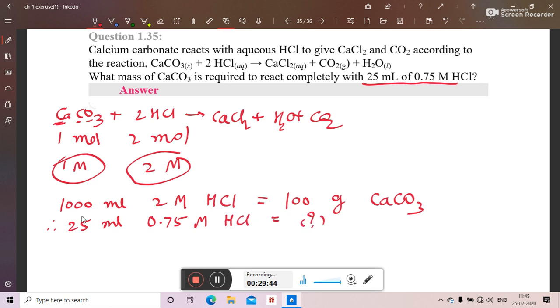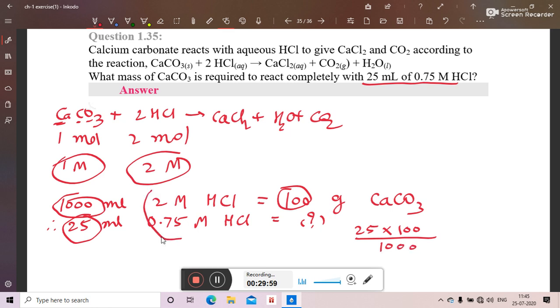What we have to do is, whatever values are at the extreme ends, we take their cross multiplication. So 25 into 100 upon 1000. And those values which are at the center, that is 2 and 0.75, you have to take as a reciprocal. So into 0.75 will be in the numerator and 2 will be in the denominator.